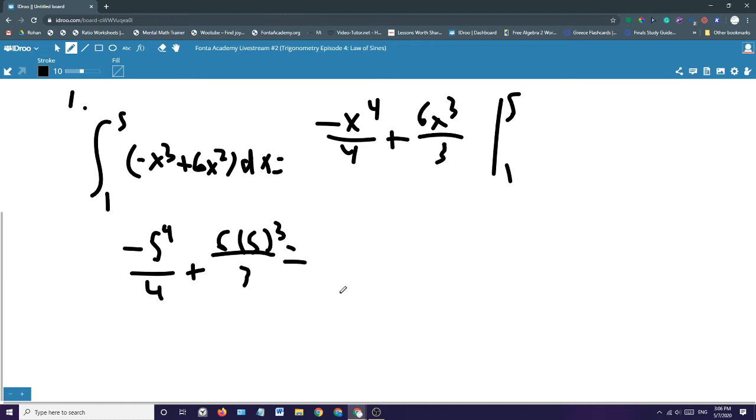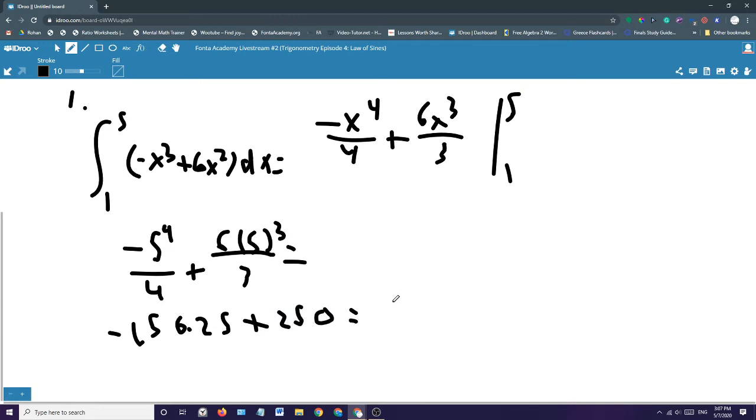So what would that equal? We know negative 5 to the 4th is 625, divided by 4 is negative 156.25, plus 6 times 5 to the power of 3 divided by 3 is 250.